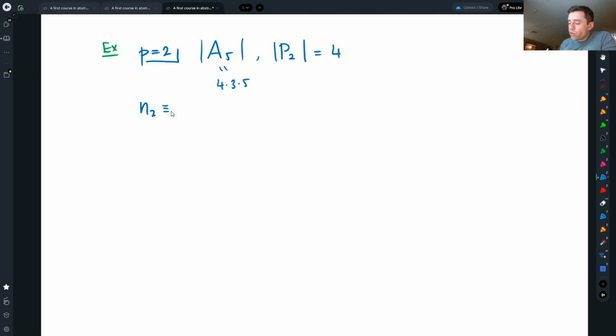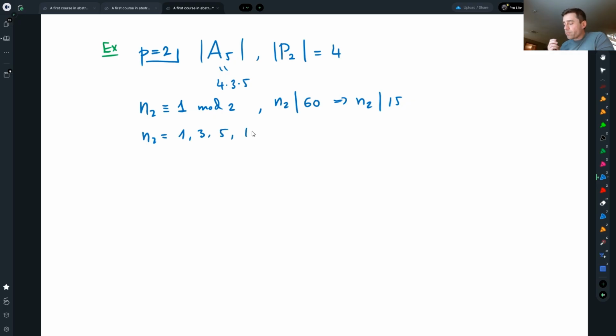It is 1 modulo 2, so that is only telling me that it's odd. But it also has to divide 60. It's an odd number that divides 60, so N2 divides 3 times 5, so it divides 15. So N2 could be 1, 3, 5, or 15.